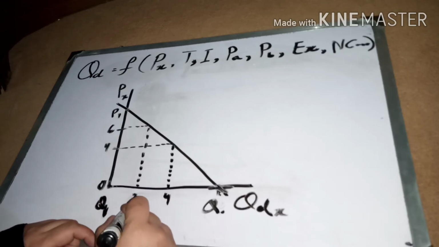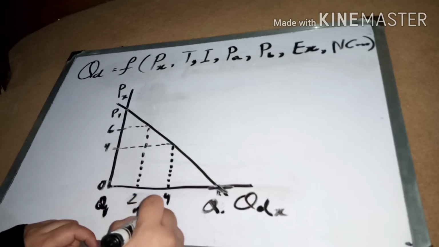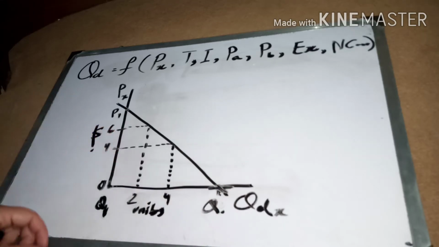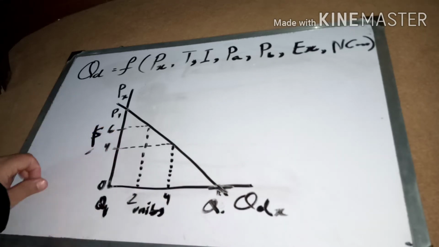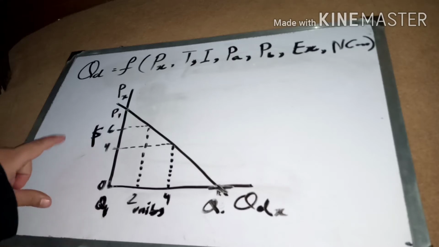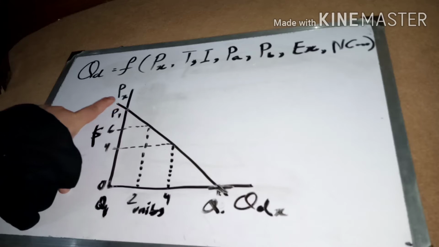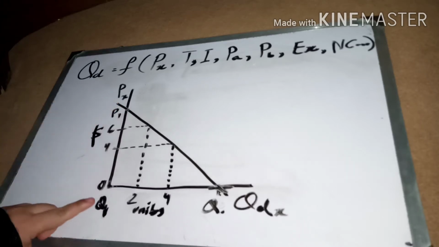These are the units and these are the dollars, or rupees, whatever you say. At the maximum price, which I have mentioned as P1, the quantity demanded of the product becomes 0.